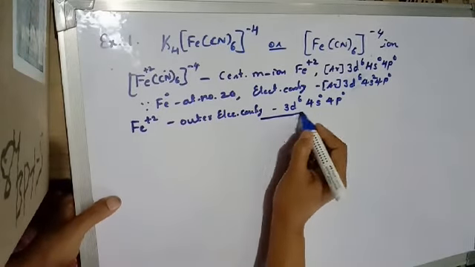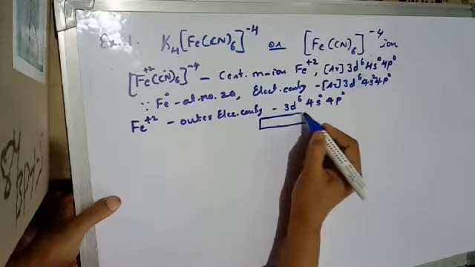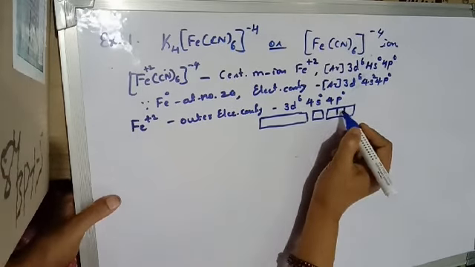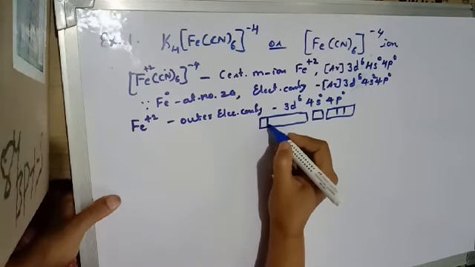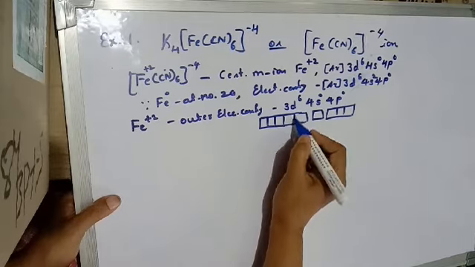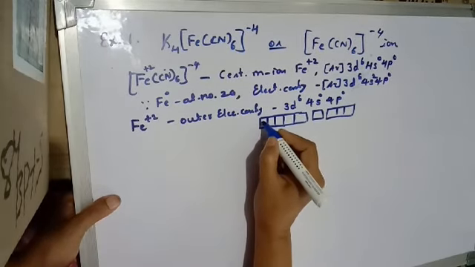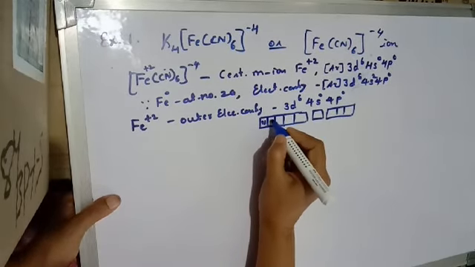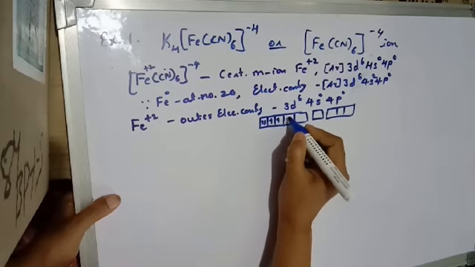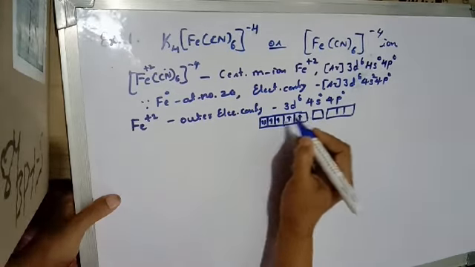We'll show the distribution of electrons in the d orbitals as well as the s and p orbitals of the metal ion. There are no electrons in the s orbital and none in the p orbitals. The d orbitals are a set of 5 orbitals, and there are 6 electrons: 1, 2, 3, 4, 5 and 6.